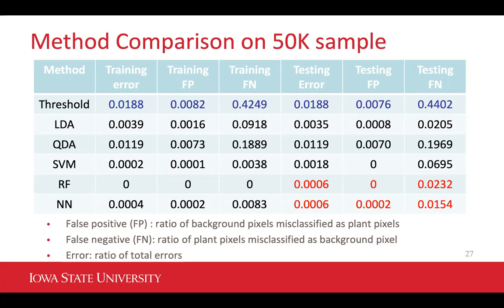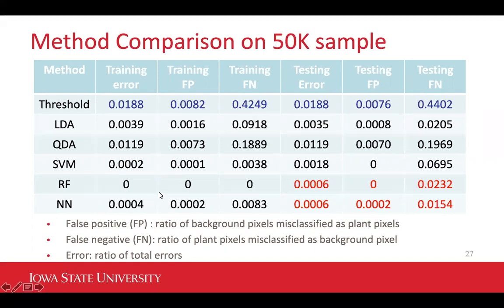Comparing all these methods, the thresholding method, where we manually choose the threshold that performs best, is the worst. Among all those five supervised learning methods, random forest and the neural network are the winners.